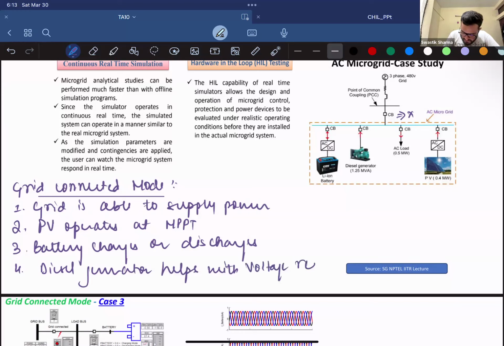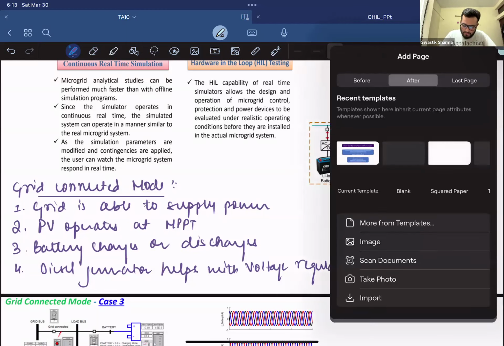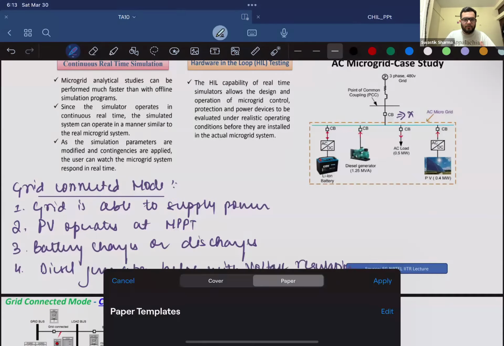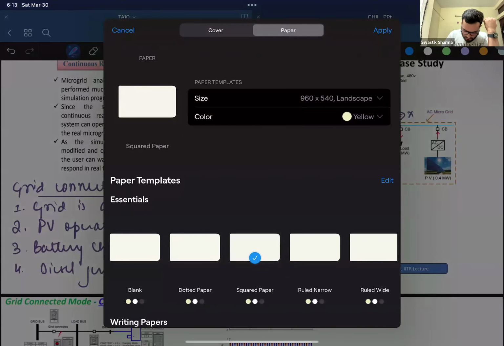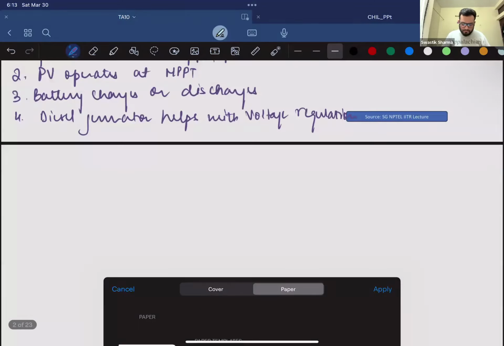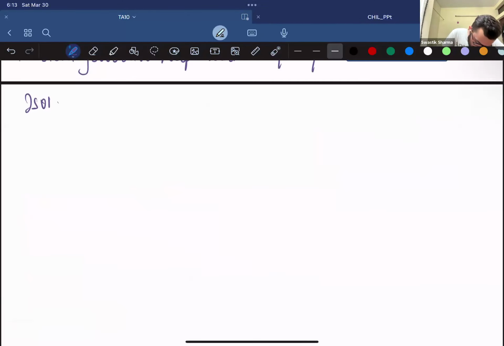So let's say at your point of common coupling, the grid voltage is pretty different from what is available at the load side. What you can do is change the excitation in such a way that your diesel generator could support voltage regulation, right?